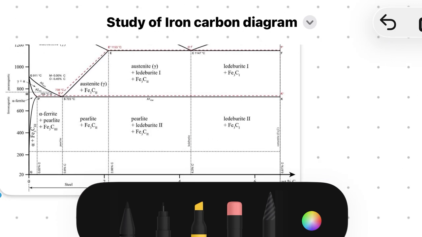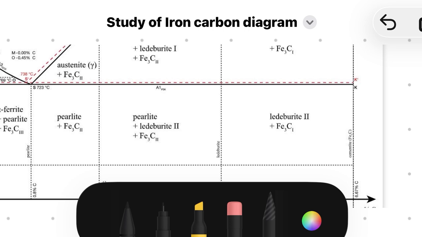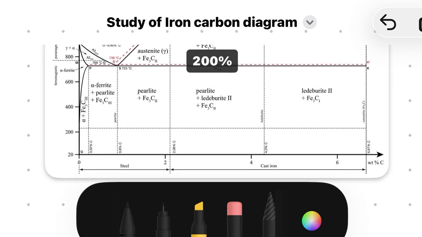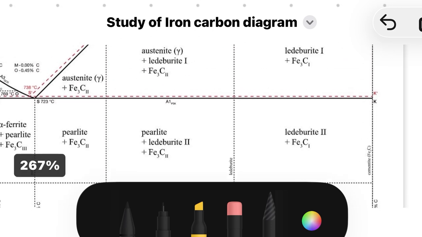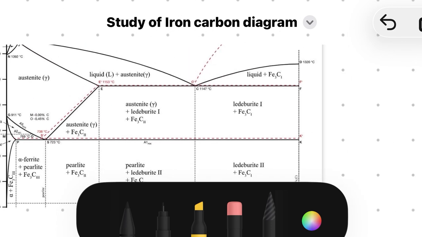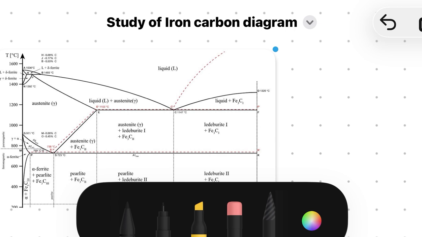The iron carbon diagram also shows the pearlite plus ledeburite phase. Using different temperatures and different carbon percentages, you can change the phase according to this diagram. So in industries, the application of the iron carbon phase diagram is very high.